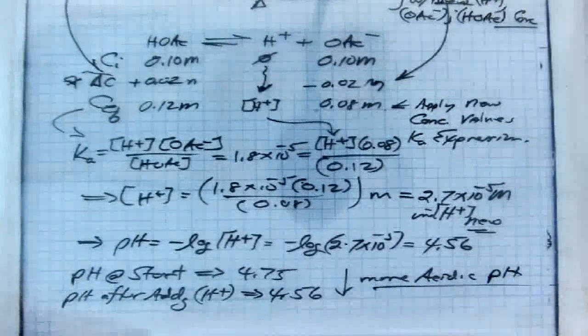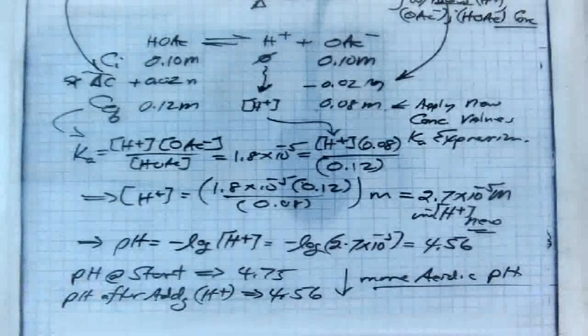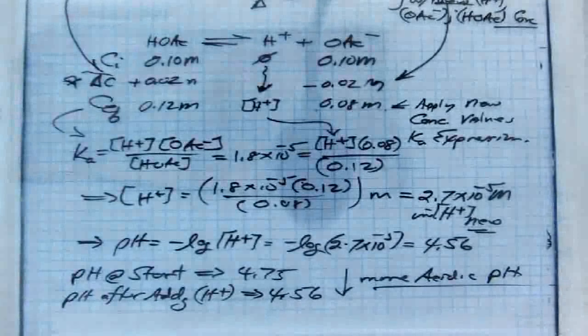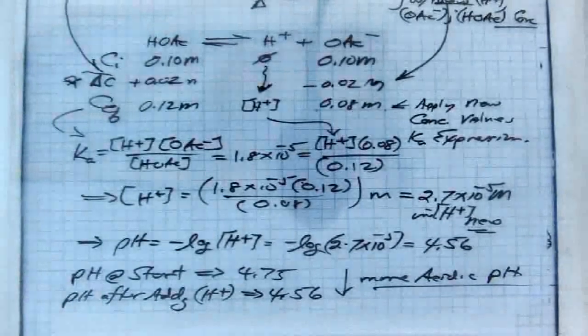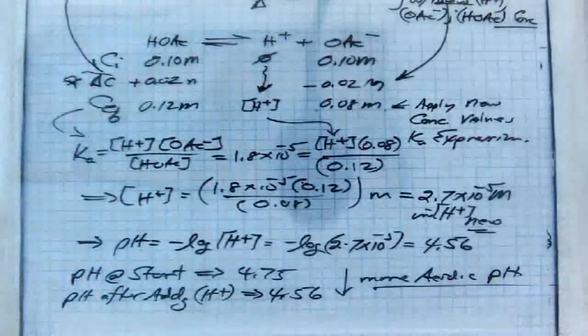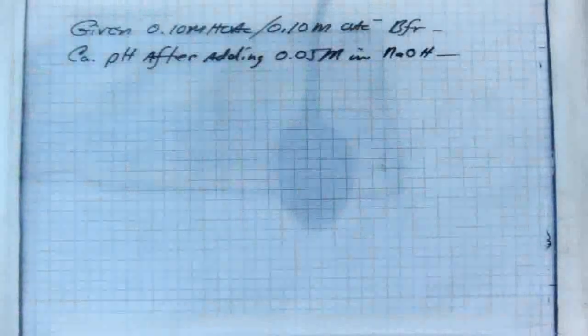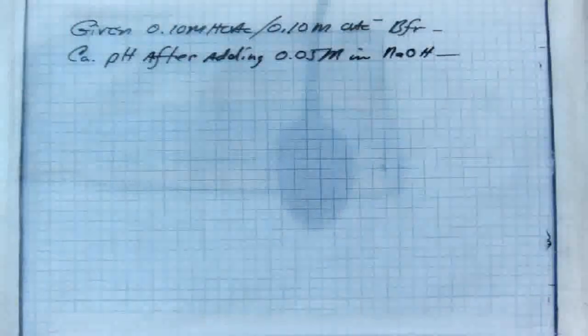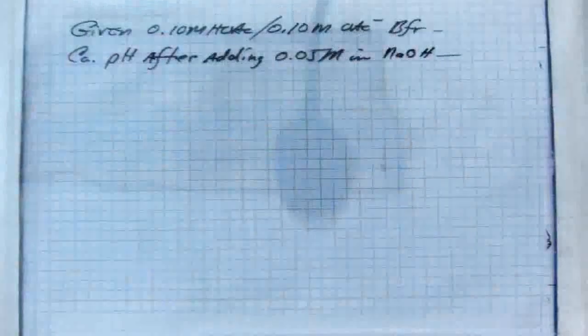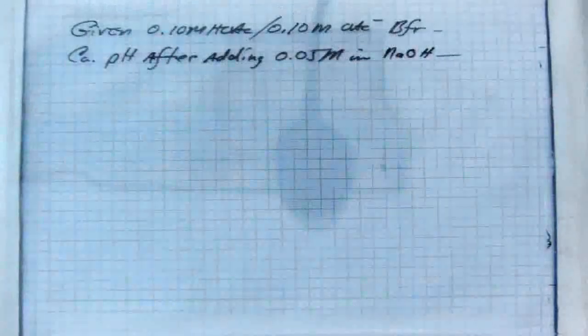Okay. So if it's going to shift to the right, then I would have to subtract from the concentration over here and then add to the concentration over here the amount of OH that was added into the system, and it's of course 0.05 molar.